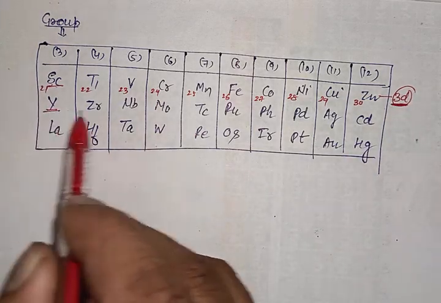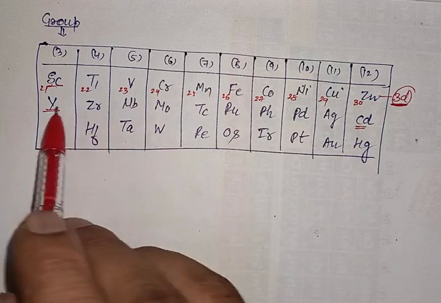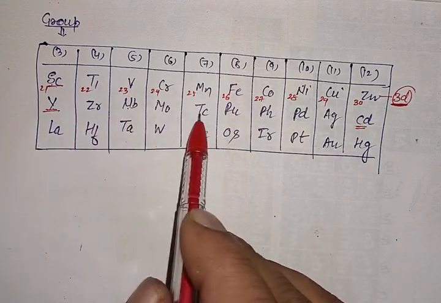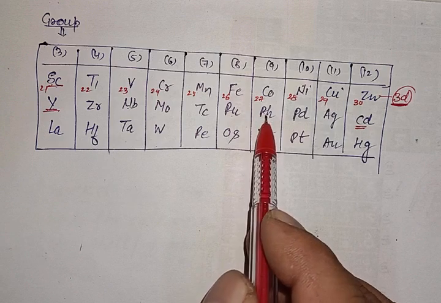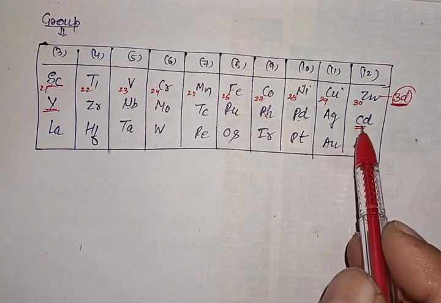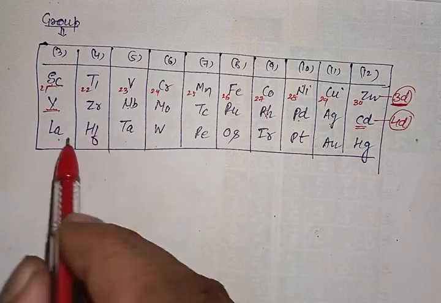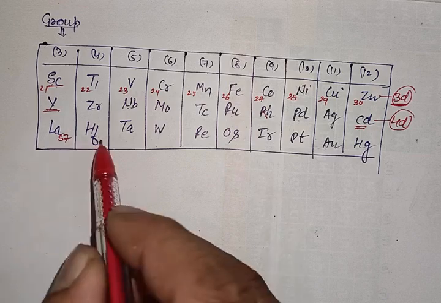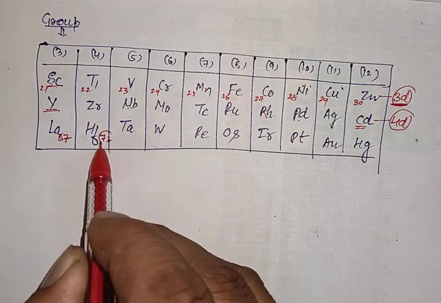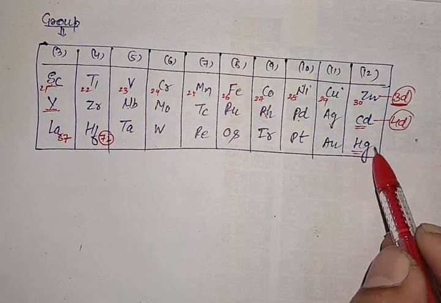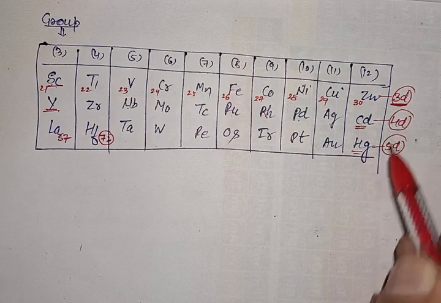Similarly, yttrium to cadmium: yttrium, zirconium, niobium, molybdenum, technetium, ruthenium, rhodium, palladium, silver and cadmium. These are also called 4D elements. And lanthanum of atomic number 57 and hafnium of atomic number 72 to mercury. These are also called 5D elements.